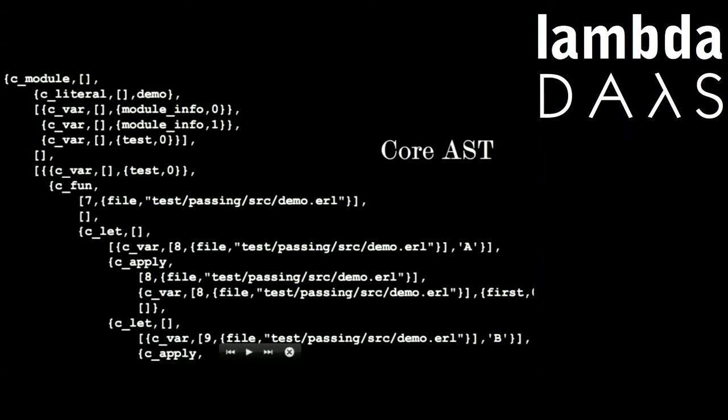And the Core Erlang AST is quite well documented. There's good syntax tools, and it looks like a series of Erlang records. If you look at this, you'll see down here, c_var, and then in the list there's 8 in the file. These are the line numbers of the original source. To get source maps, you need to get column information in that AST.